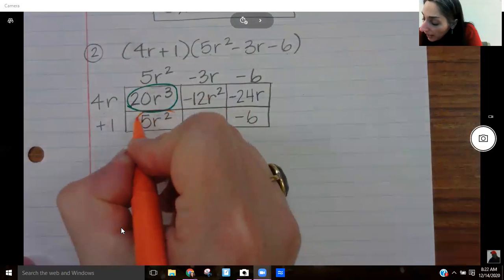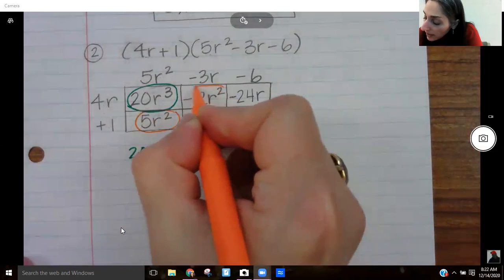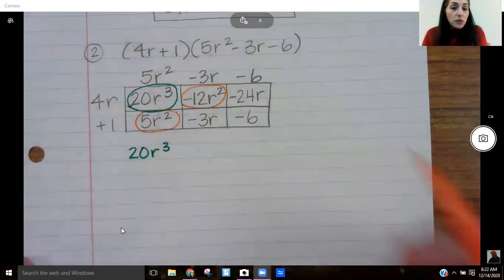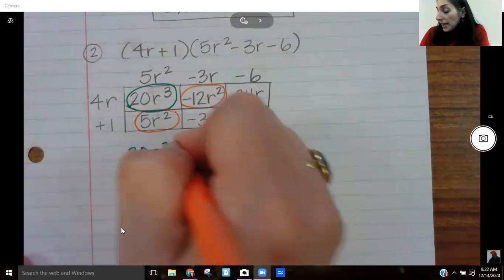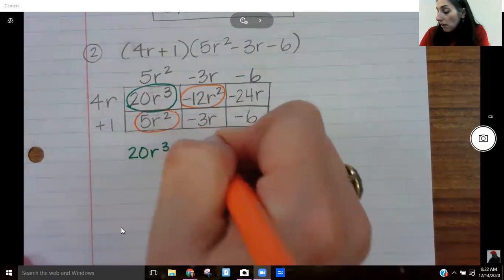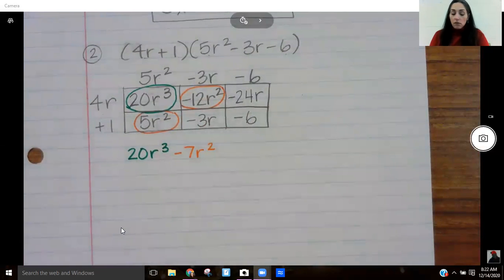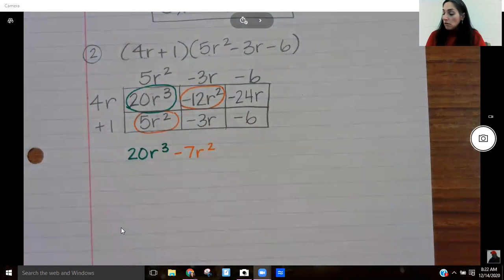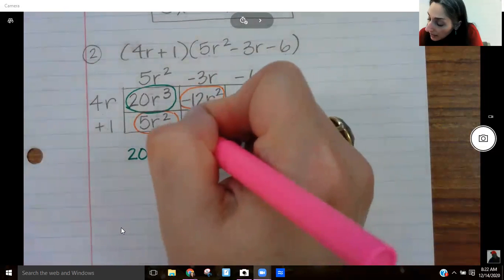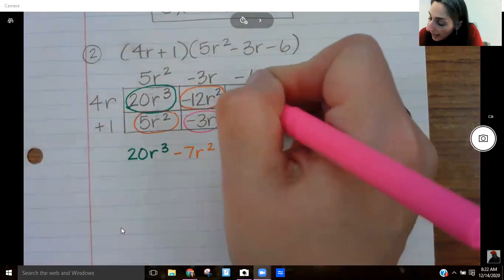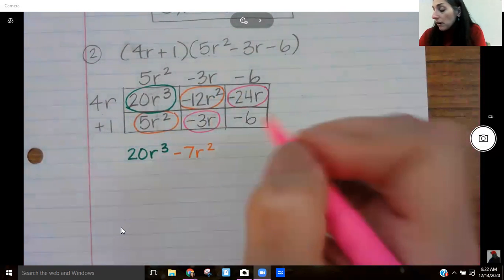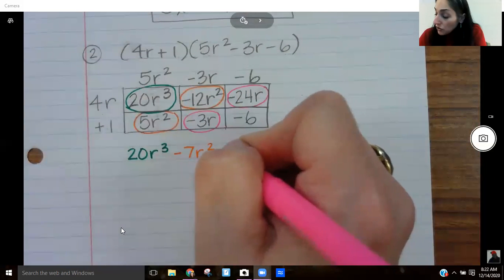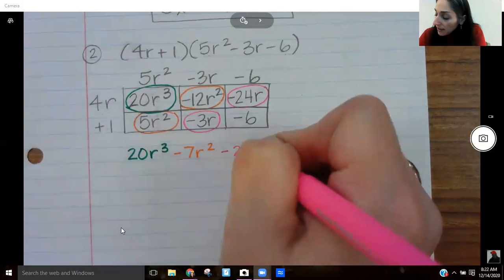So you have a 5r squared and you have a negative 12r squared. So this will be negative 7r squared. We have negative 3r and negative 24r, which combines to negative 27r.